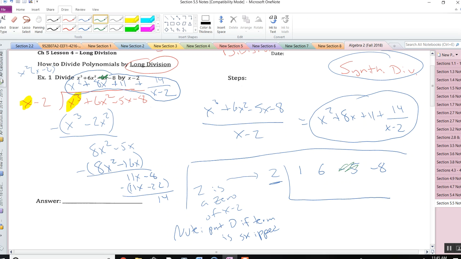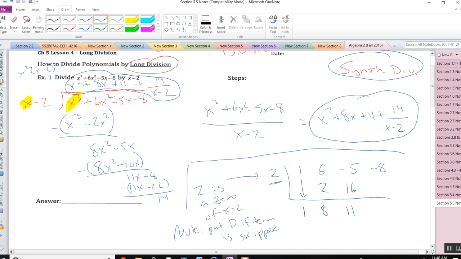Then I would have to replace the negative 5 here with a 0. But of course, that's not the case, so we don't worry about that for now. Now, how does this process work? You bring the 1 down, and you multiply 2 times 1, which is 2, and you put a 2 right there. Then you add these two numbers, which is 8, multiply 2 by 8, you get 16.